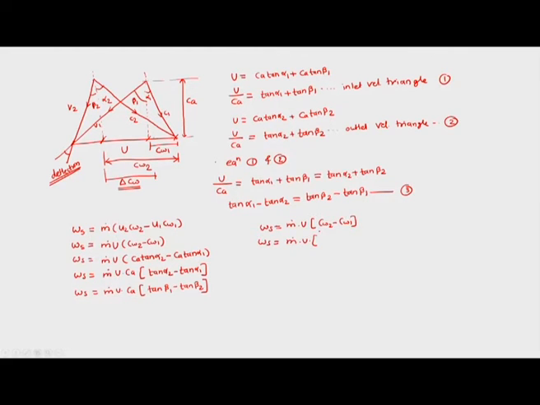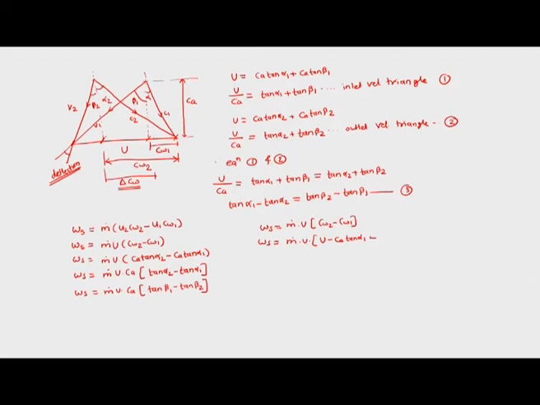In case of CW2 we will write it as U minus Ca tan alpha 1. So this big length minus this small length, which is Ca tan alpha 1. So minus CW1.